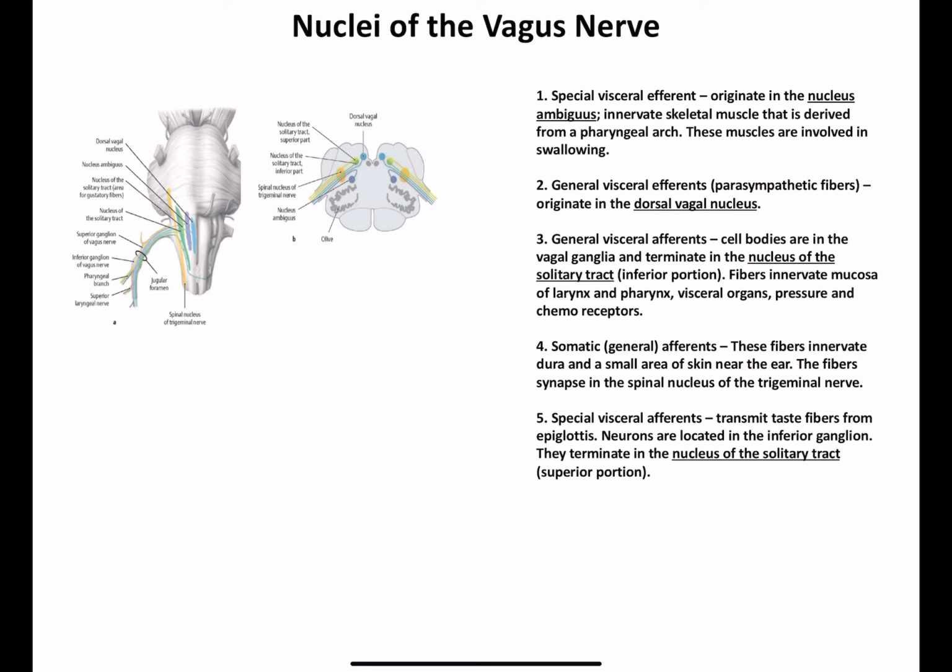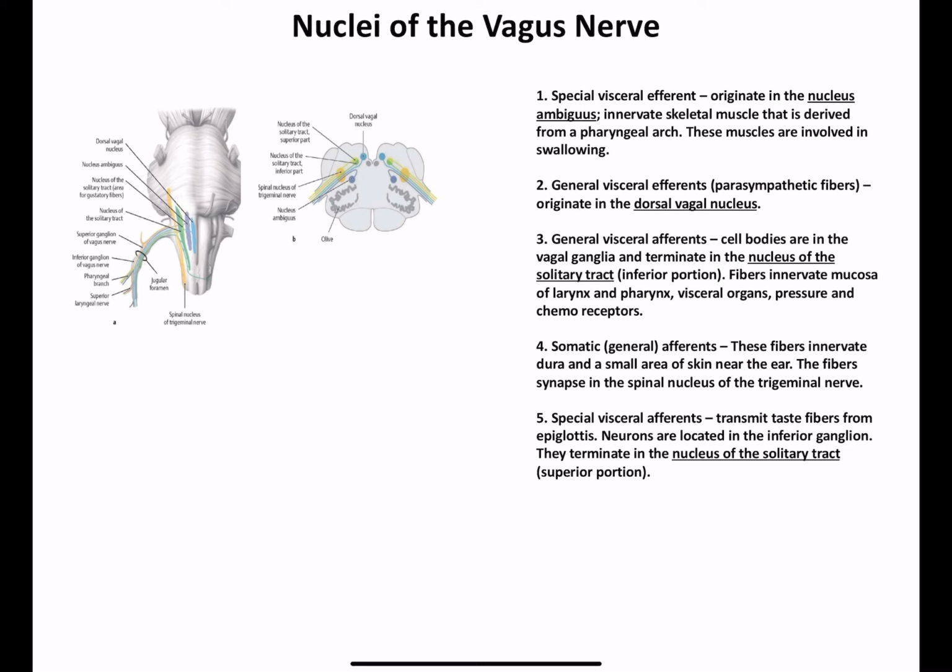And somatic general afferents, these are again sensory, but this is going to collect from a very small area of the skin near the ear. That was the one that I was trying to talk about, right? So these are eventually going to be communicated with the trigeminal nerve, because that's the final combining area.